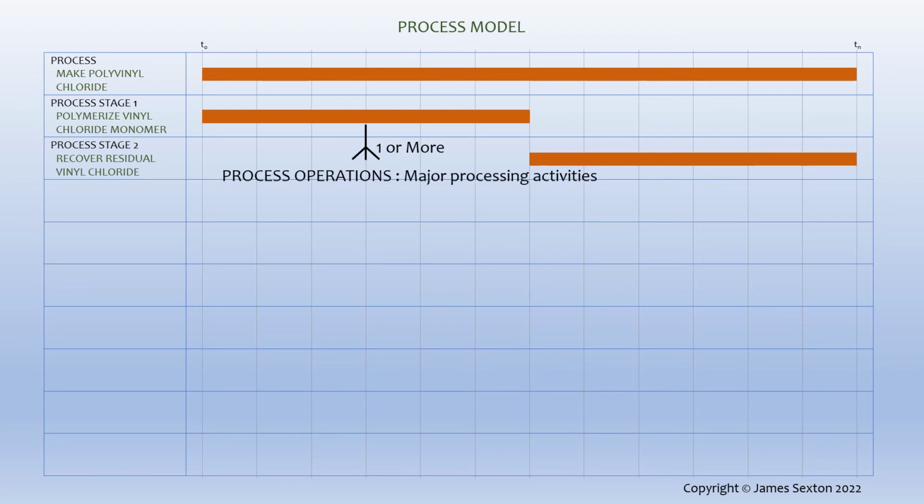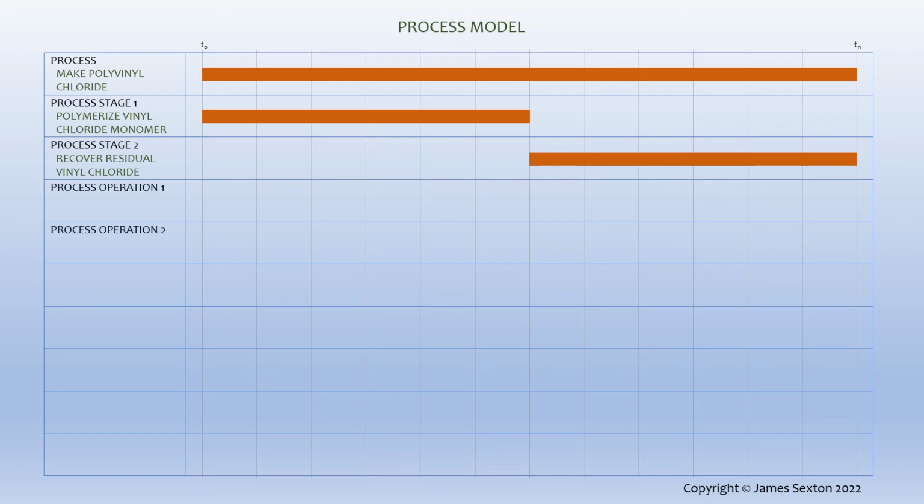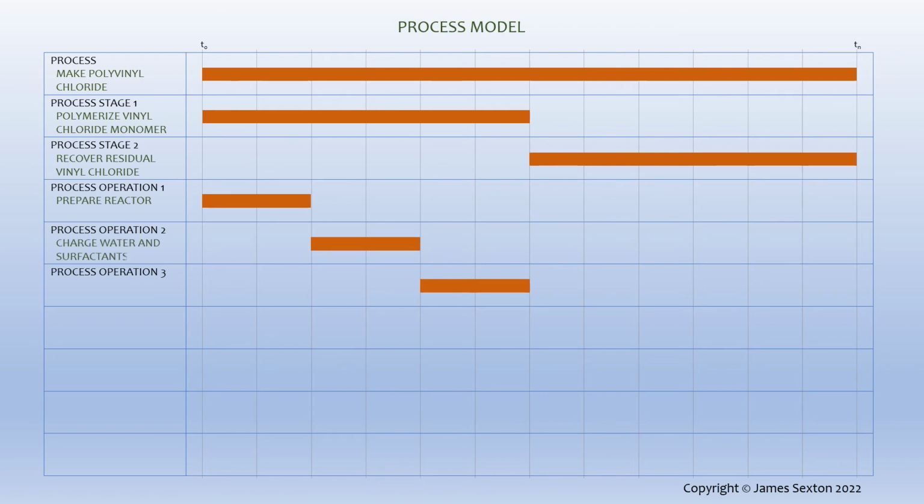Each process stage in turn specifies the order of execution of one or more process operations, which are major processing activities. In our example, the first of these stages, polymerize, is expanded into three process operations, being prepare reactor, charge water and surfactants, and react.